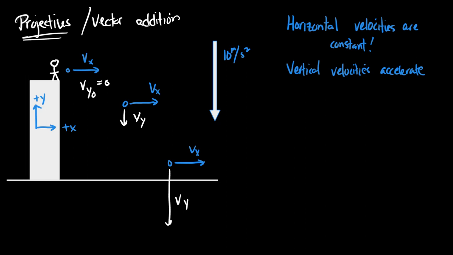I don't think it's a big stretch, but the ball is going to travel along some curved path like that. What's happening is that its horizontal velocity is not experiencing an acceleration, but its vertical velocity is. Eventually, it's going to strike the ground some distance away from where it was thrown. We call that horizontal distance the range of a projectile.